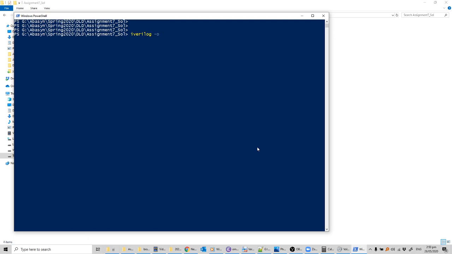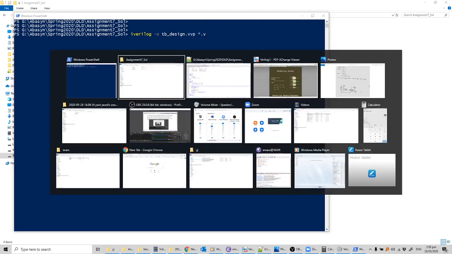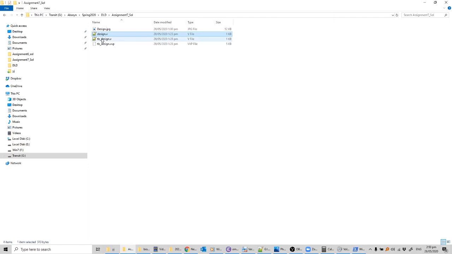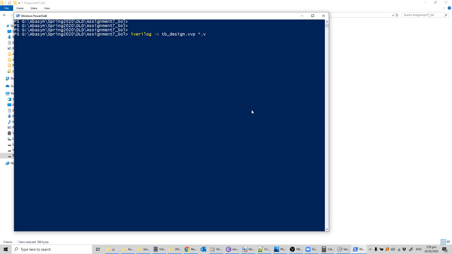I can give an output file, so maybe design.vvp, and I want to compile all files. So I have two Verilog files, test bench and design. I want to compile them. So these are compiled. Now I want to run it. So vvp and this file that was just generated, I just run it.